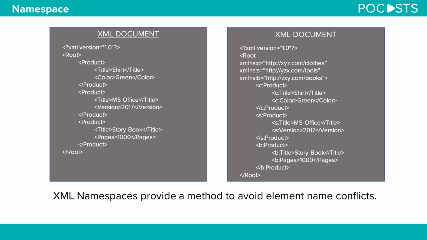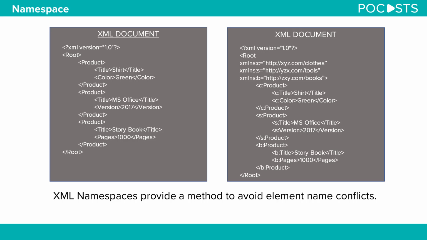There is an attribute called xmlns. NS stands for namespace. With xmlns colon, you can define any character or any name there. It's not a rule to have a constant there. The only rule is you have to define it with xmlns colon, and then you can give any URL there. That URL is again custom built. You can give whatever URL you want.